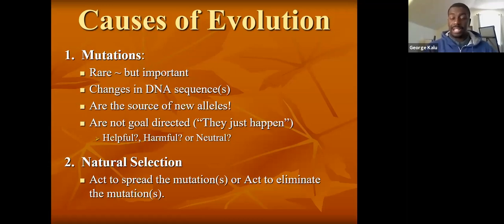Or it can actually act on the mutations as well. So if we have a mutation that develops, it can either act to spread the mutation if that mutation is beneficial for that particular environment, or it can eliminate the mutation if that mutation prevents reproductive or survival success.